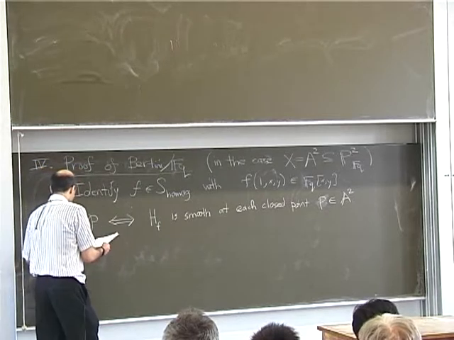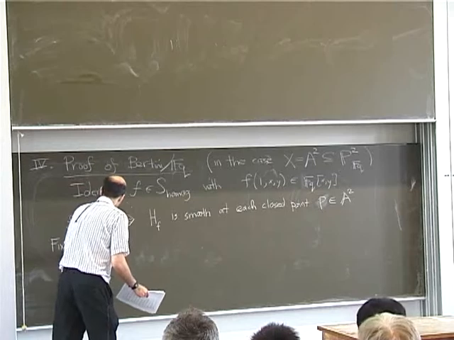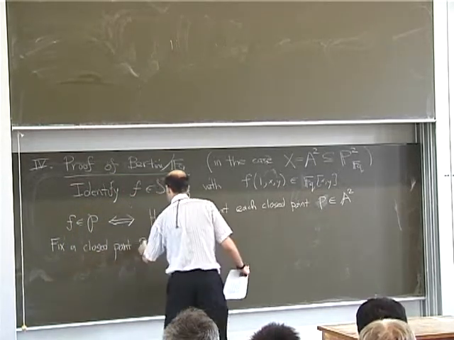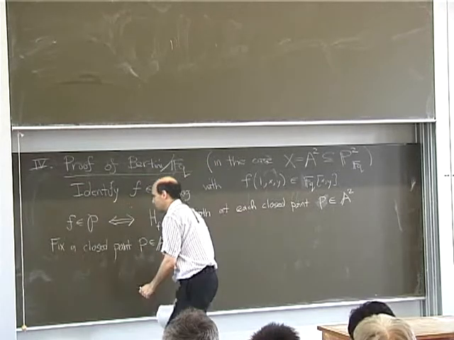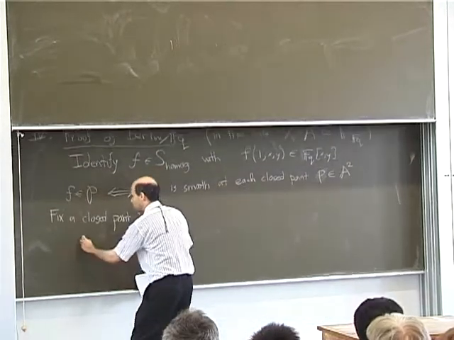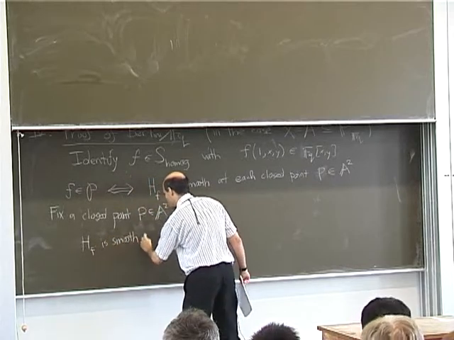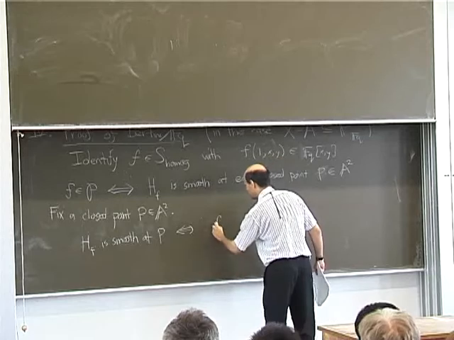Well, you all know that if I fix this point P in A2, then to say that H F is smooth at P is, as you all know, just a condition in terms of partial derivatives.